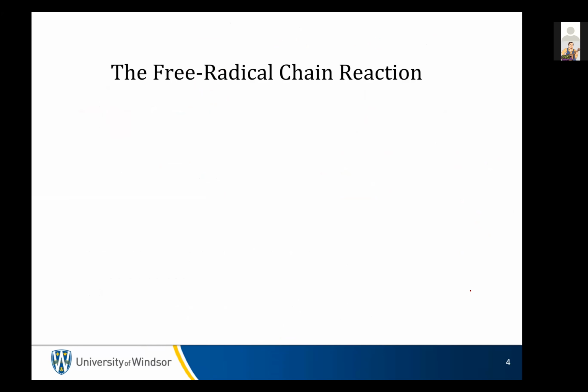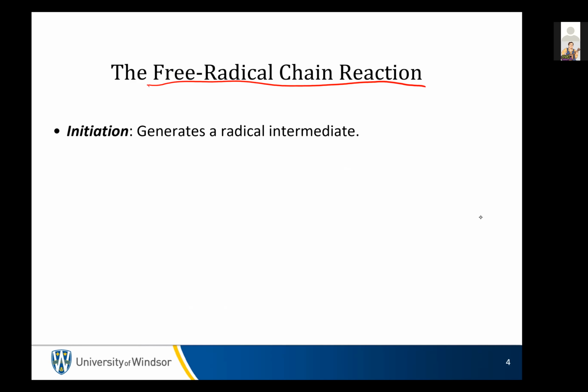So what we're going to be talking about in the radical portion of this course, and the good news is I think this lecture timing is going to work out nicely, is what's called the free radical chain reaction. I don't know how many of you are familiar with this. There are three main steps. There's initiation, which generates a radical intermediate.